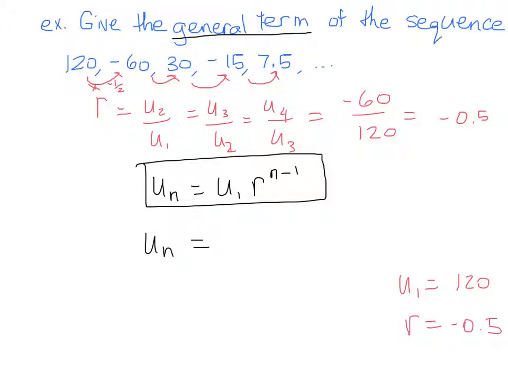So now we can plug in our U1 as 120 and our -0.5 as R, and n-1 stays n-1 because it is general. And is this where it stops? Can we then multiply this by this? Absolutely not. We cannot multiply these two things because the negative 0.5 is the only thing being raised to this power. So here is our final answer.